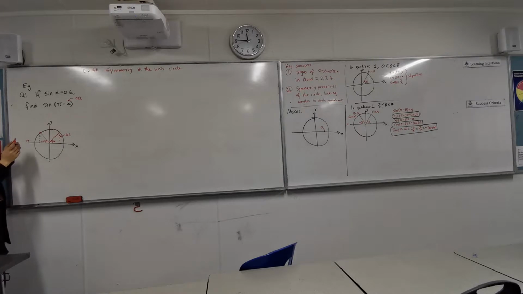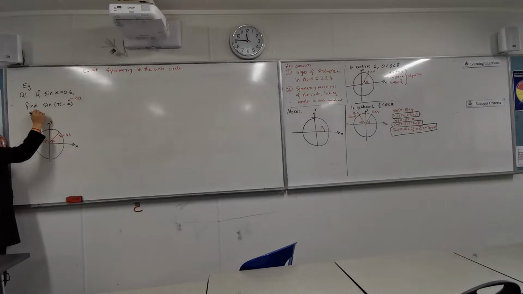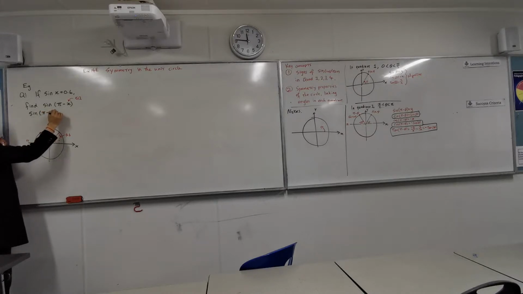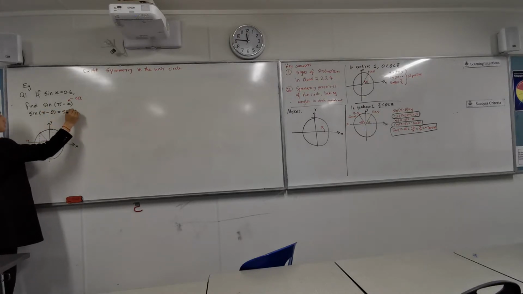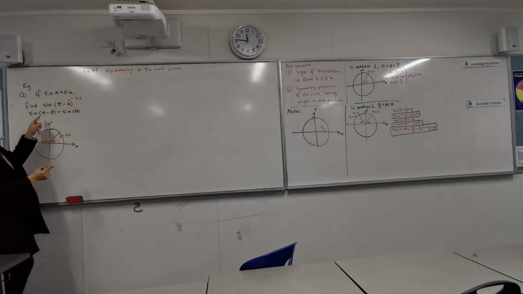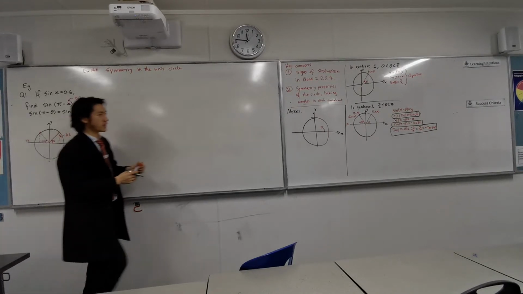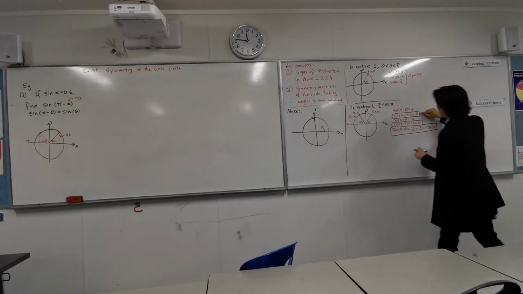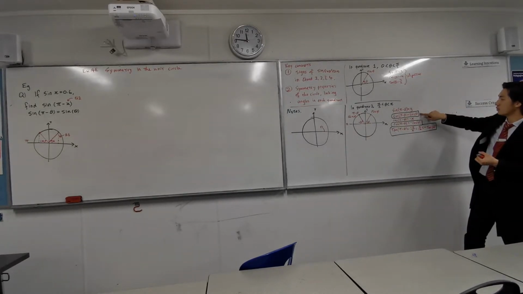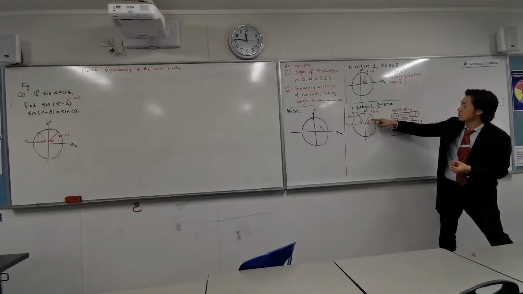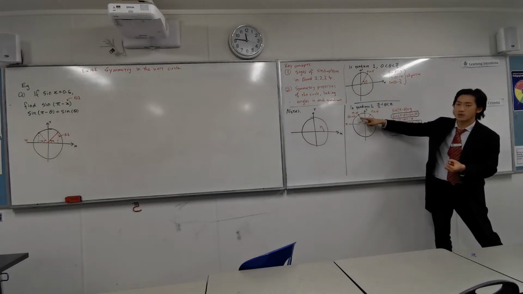So, in quadrant 2, we know for a fact that sine of an angle, we'll start with quadrant 2 first. So sine of pi minus whatever angle we have should be equal to sine of our angle. So this line is something we've shown earlier. This line is what we showed here because we knew that the height up in quadrant 1 is the same height up in quadrant 2.